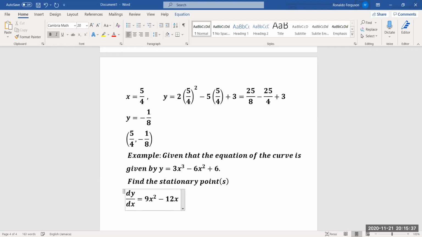Now who's going to find the stationary points? It equals 0, because at a stationary point, dy by dx is 0. Good. What do we do next?